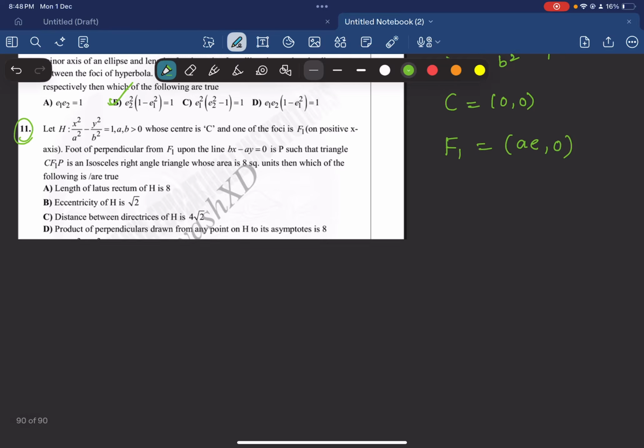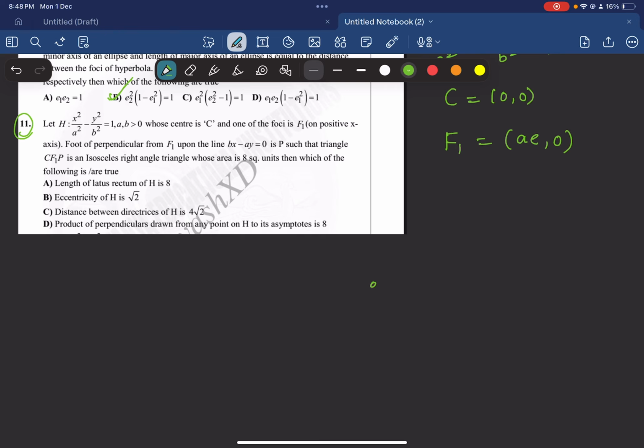such that the triangle, okay. So you have F1 here. F1 is (ae, 0), and you have a line here, bx minus ay is equal to 0, and the foot of the perpendicular is P. So this is P, and this is perpendicular, such that the triangle CF1P.